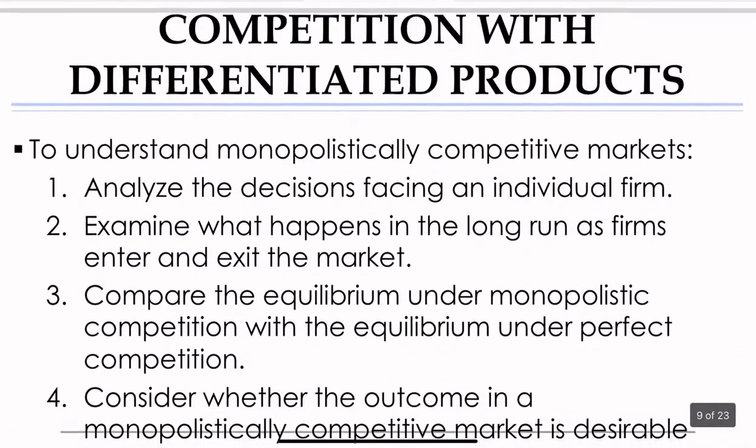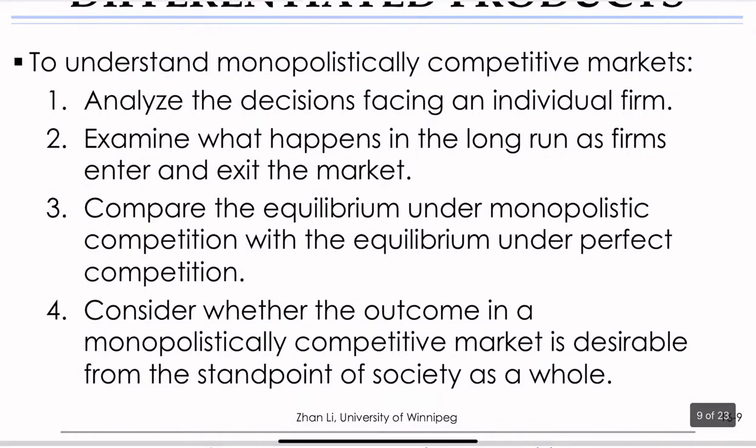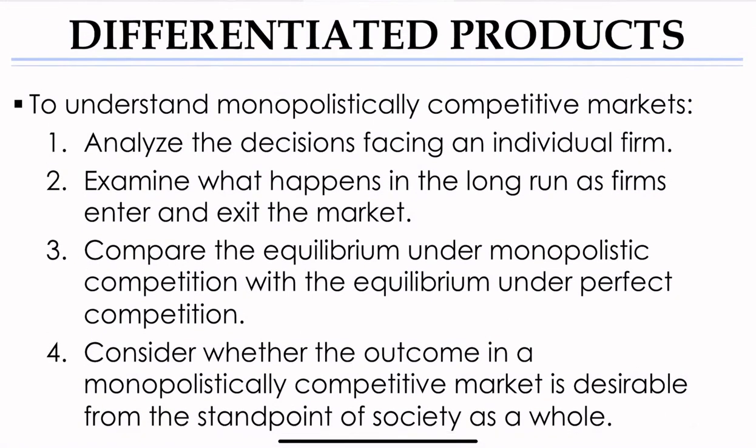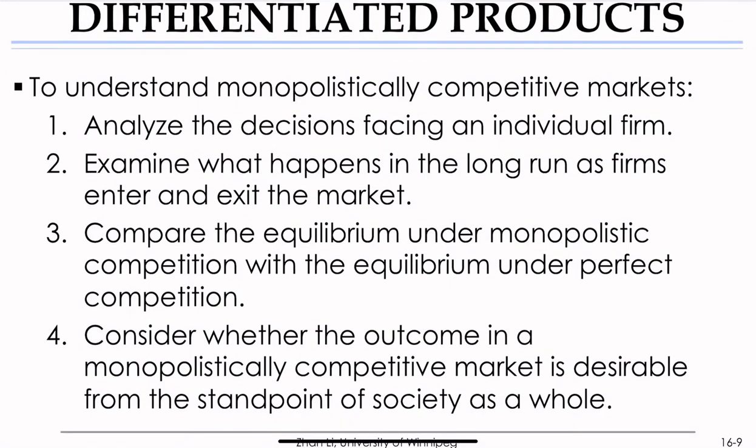Okay, so to understand this monopolistically competitive market, we have several tasks. The first is we will think about the decision facing an individual firm. So essentially, we will think about this firm's profit maximization decision.